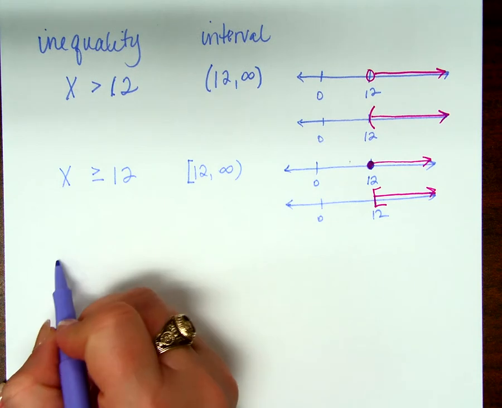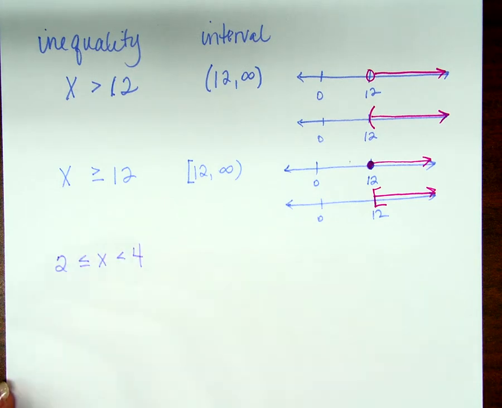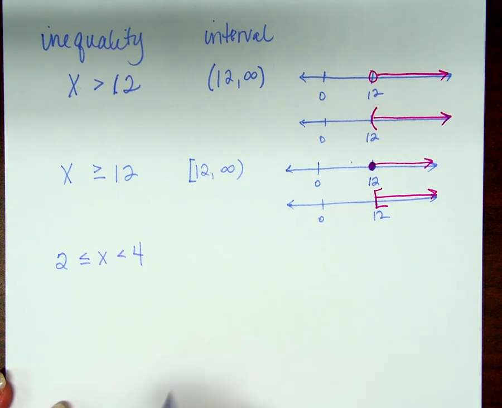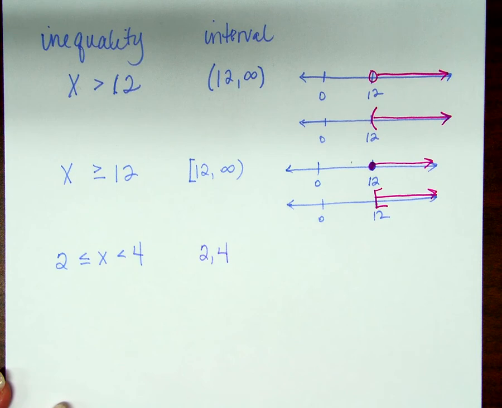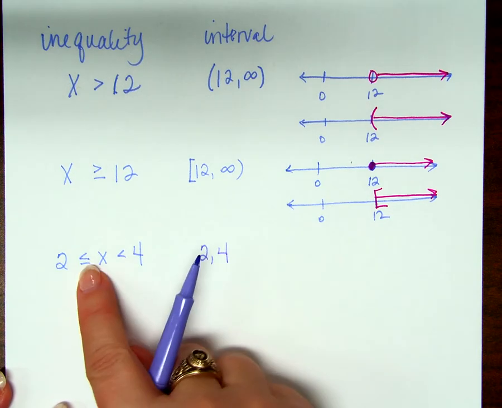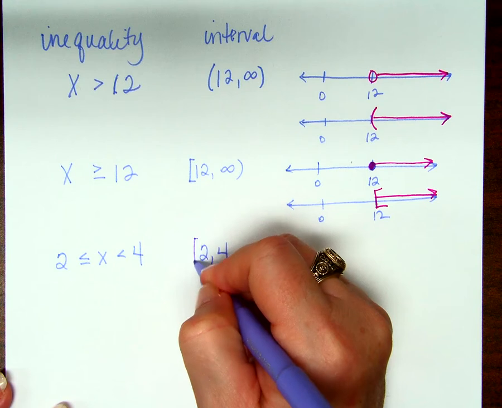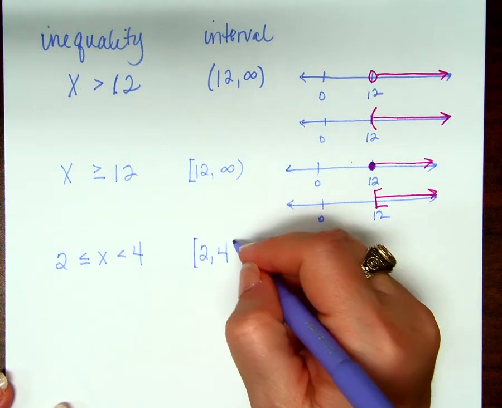So what if it looked like this? 2 is less than or equal to x is less than 4. What would that look like in interval notation? Well, it's from 2 to 4. We just have to figure out what to put around them. Is 2 included? Yes, because of the equal to, so that's a bracket. Is 4 included? No, so that is a parenthesis.